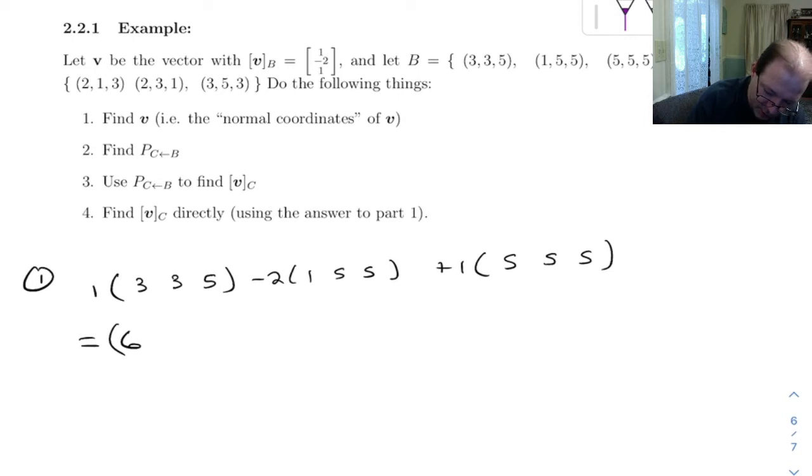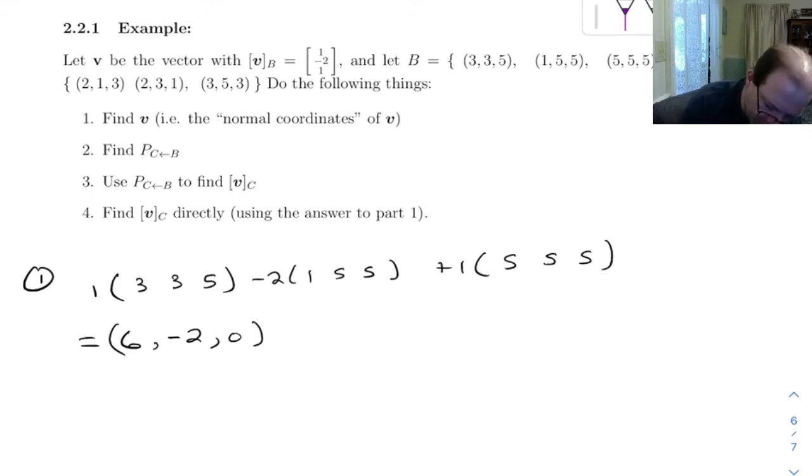Next up is going to be 3 minus 10. That's -7. Plus 5 is -2. And then we get 5 minus 10 is -5. Plus 5 is 0. So 6, -2, 0. That's the normal coordinates.